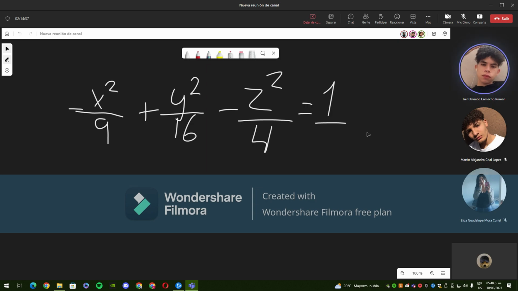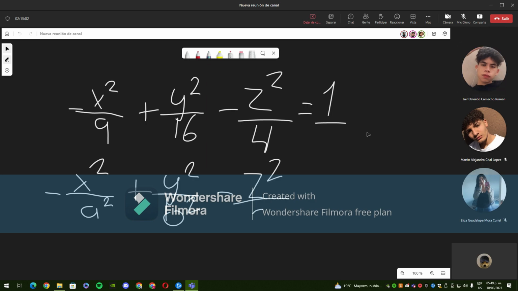The general formula is x squared over a squared plus y squared over b squared less z squared over c squared equal 1.